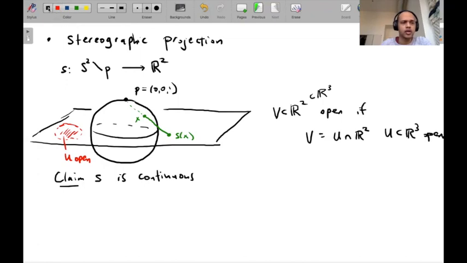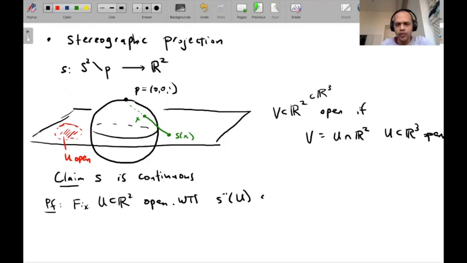So, proof. Let's fix U in R2 open. We want to show that S inverse of U is also open.